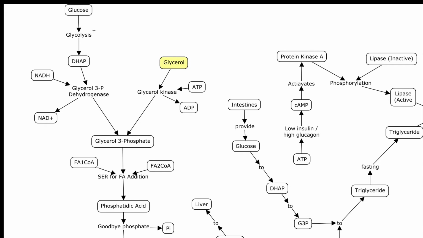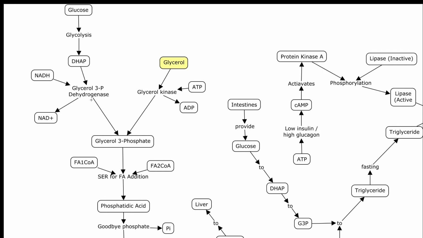So, as we said, glucose does glycolysis as far as DHAP, and then you'll reduce the DHAP with glycerol 3-phosphate dehydrogenase to get glycerol 3-phosphate. If that enzyme sounds familiar, that was what we used to make the glycerol 3-phosphate shuttle.